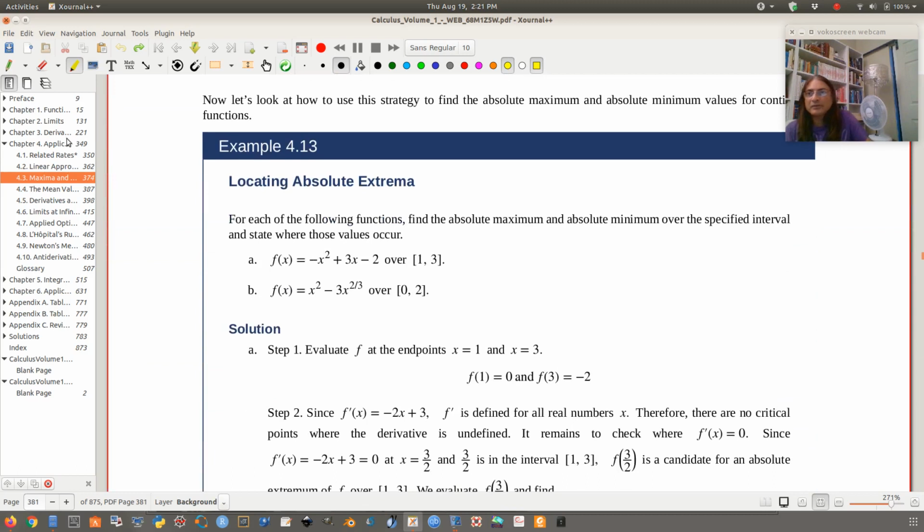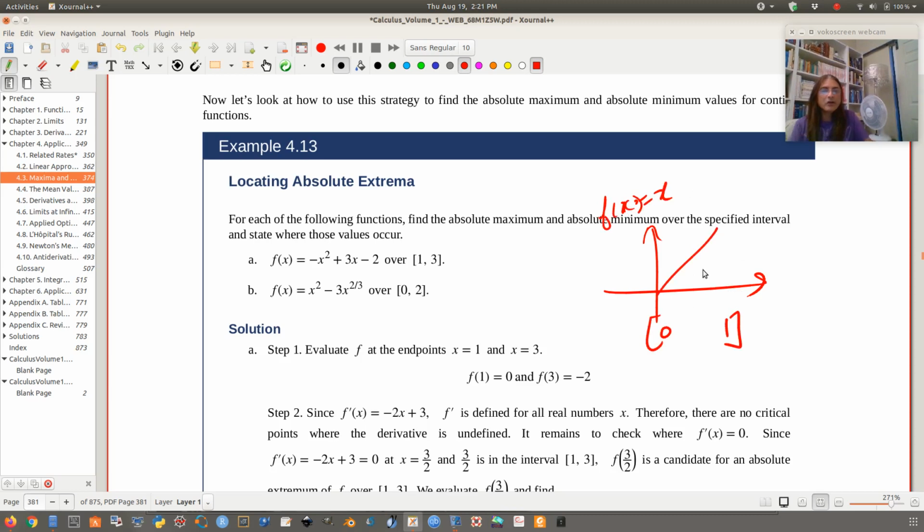As a simple example, when we had the function f(x) = x in the closed interval 0, 1, we don't have any critical point. Derivative of x is 1. You equate it to 0, you get nothing. Right? 1 equals 0 is meaningless.